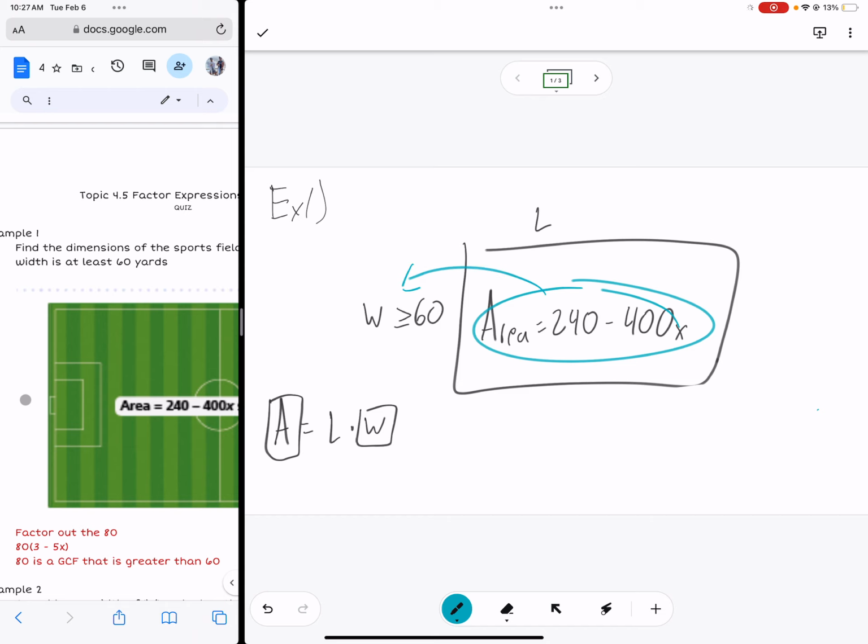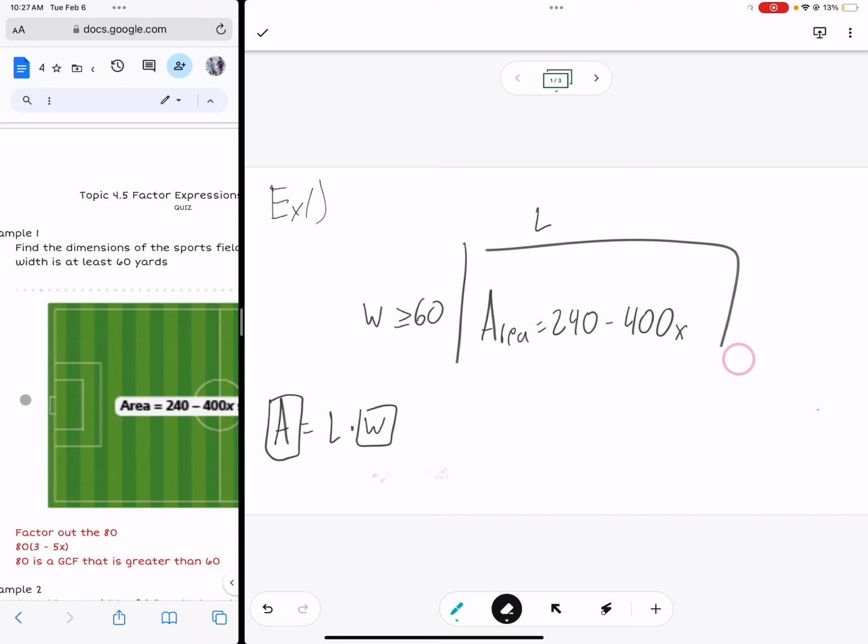All right, and it says it has to be greater than or equal to 60. So it can't be less than 60. So how do we divide expressions? Is it distributive property or is it factorizing? Factorizing, right? So we're going to take our expression right here, which is our soccer field, and we need to factorize it. So what can I divide 240 and 400 by?